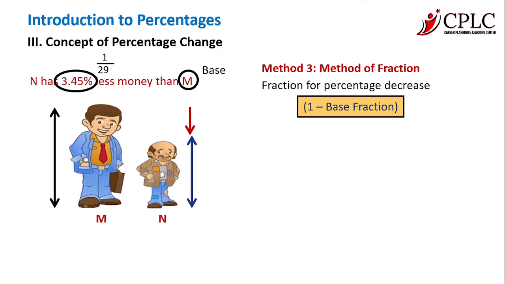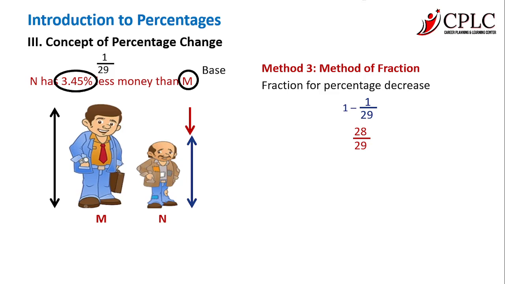Base fraction is something that we know, which is 1 by 29, which is 3.45 ka fraction. So this becomes 1 minus 1 by 29, and 1 minus 1 by 29 obviously becomes 28 by 29. So what does this mean?